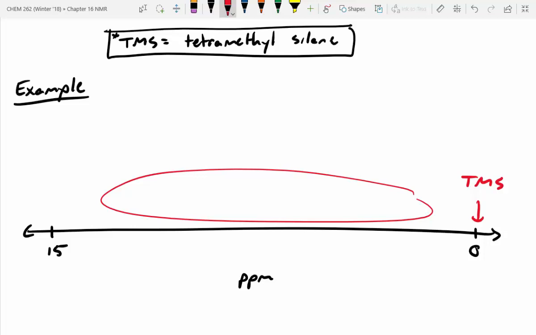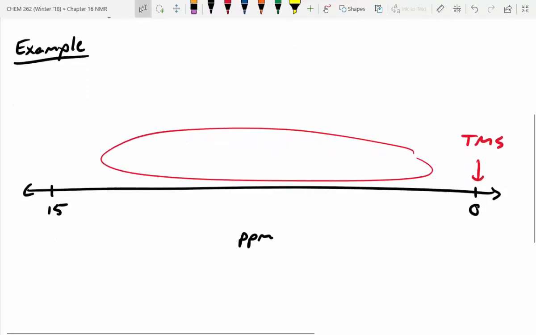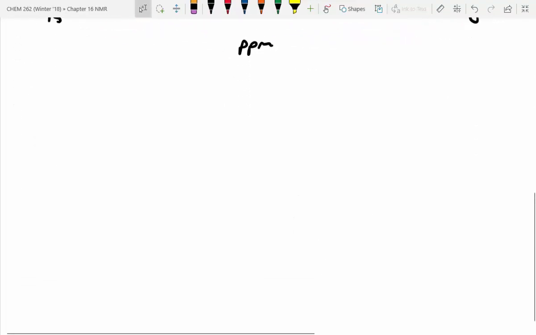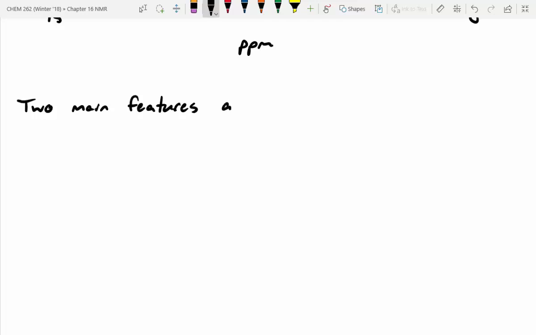There's a variety of different things that will cause it to show up either more towards that 15 ppm side or closer to the 0 side on your NMR, and I'll get into that in a second here. So let's see the two main things that affect it. So two main features affect shifting.